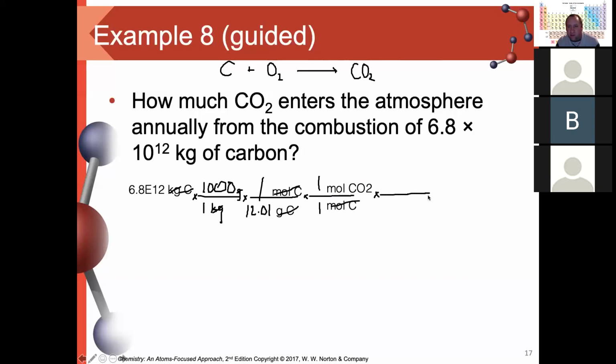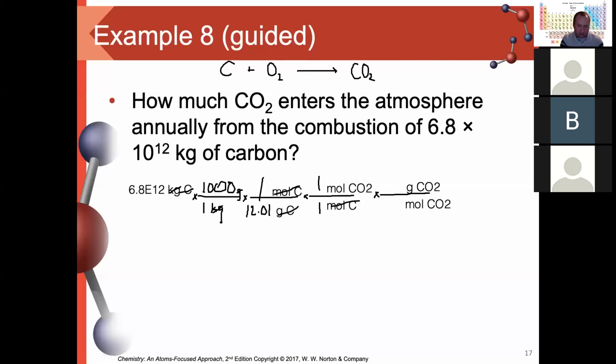Last step, turn my moles of carbon dioxide into grams of carbon dioxide. Need the periodic table again for that. Carbon is 12.01.